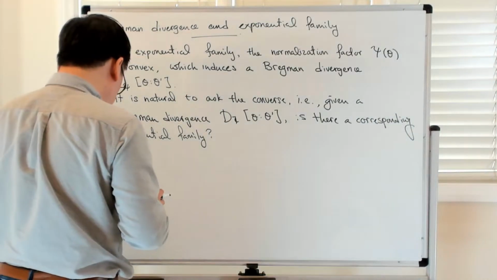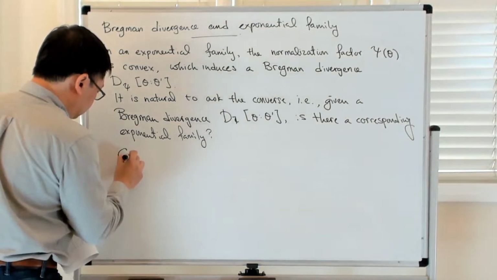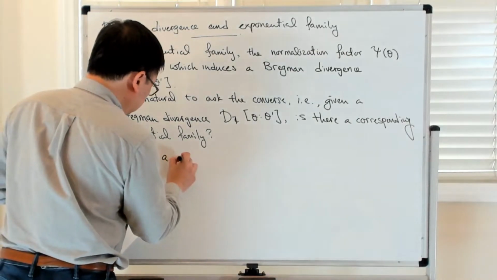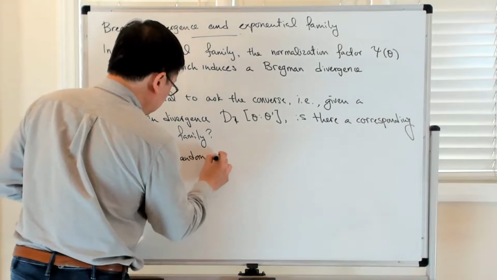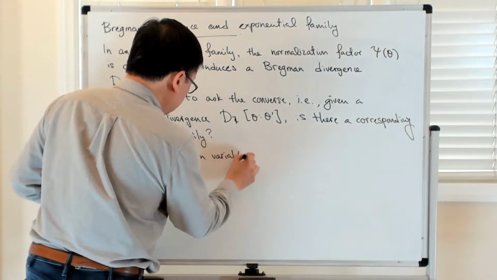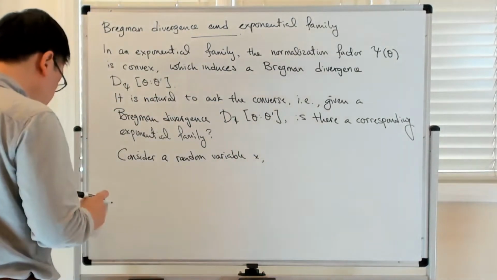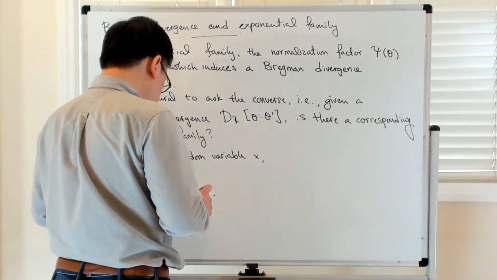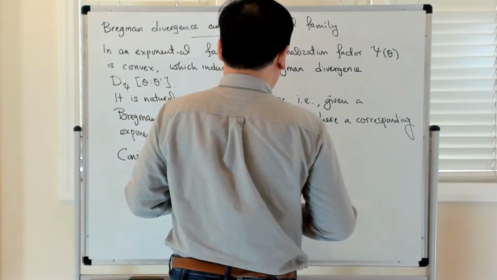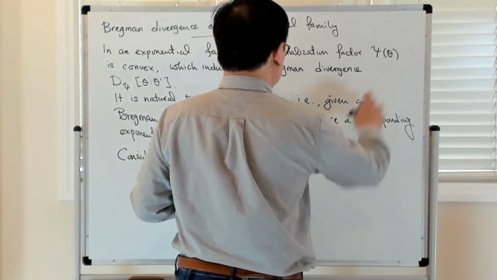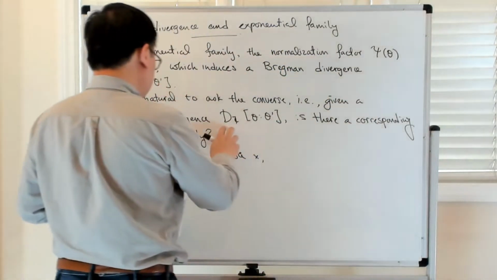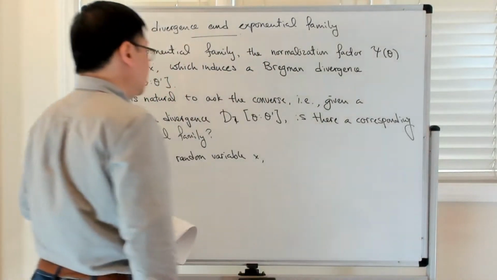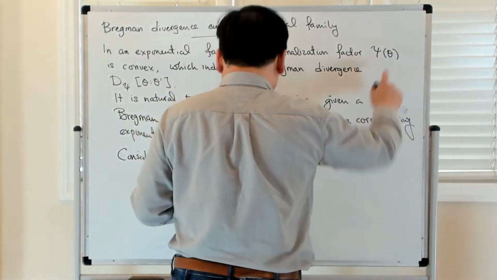So let's look at the following. You consider a random variable, let's call it x. In particular, what you're given basically is this convex function on the theta variable.